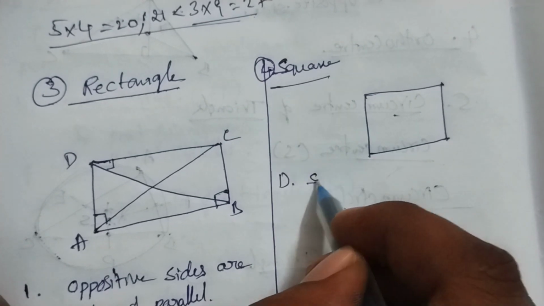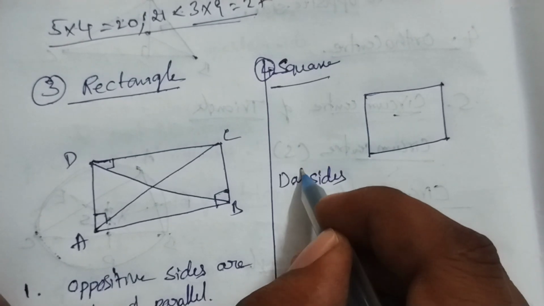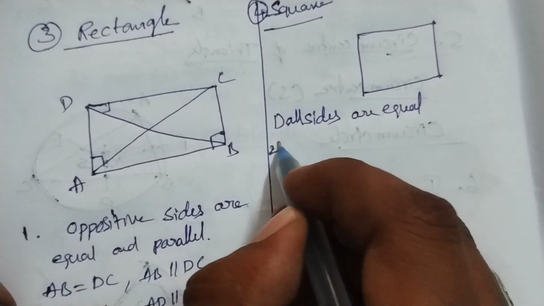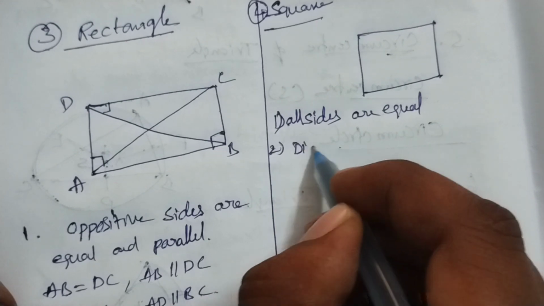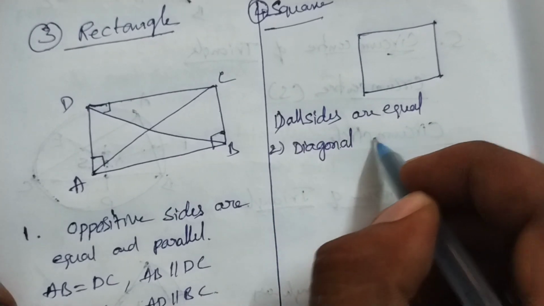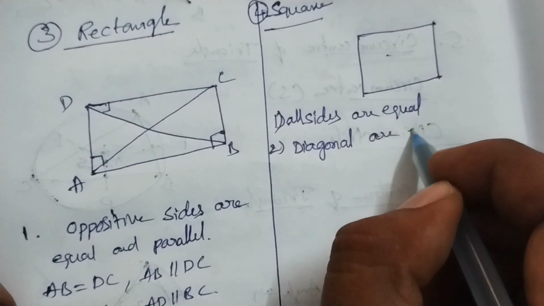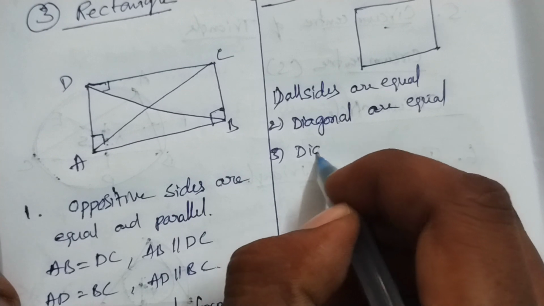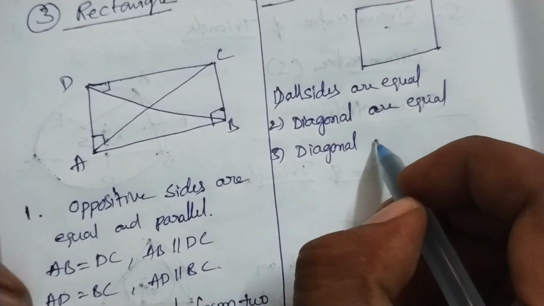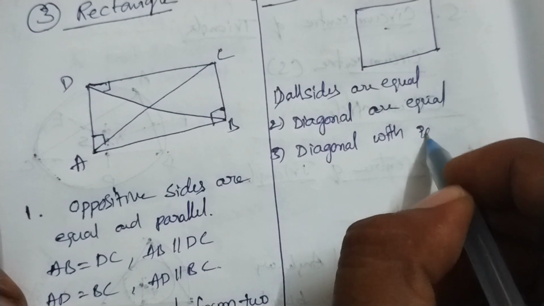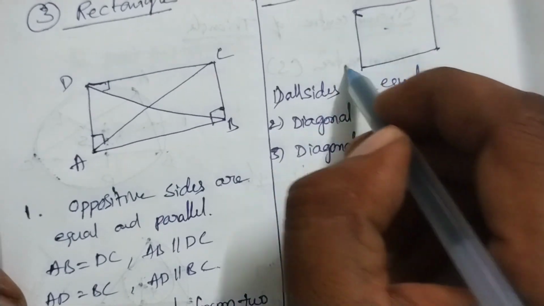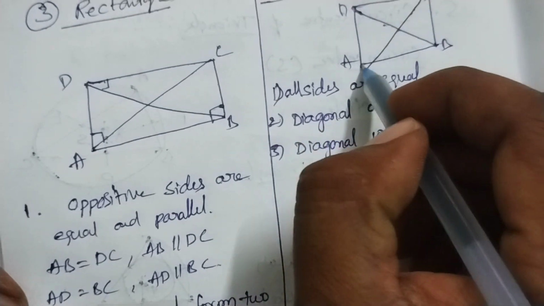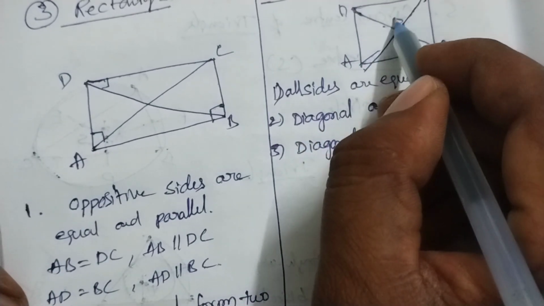Second, the two diagonals are also equal, and the diagonals bisect each other at 90 degrees, meaning the angle between the two diagonals is 90.